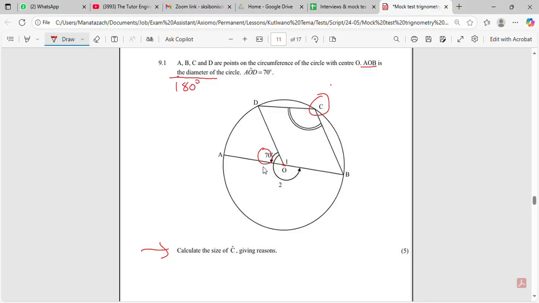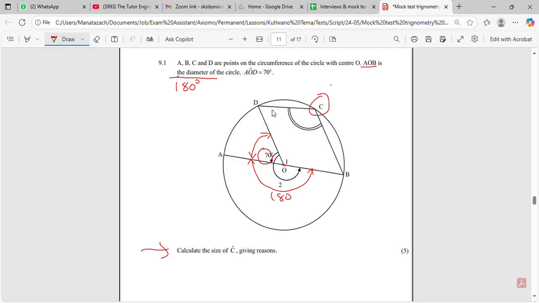So I can say this angle here from A to B is 180 degrees. Right? So that's the angle on a straight line. It's a diameter. And then we're told that the other angle here, which is AOD, is given as 70 degrees. So it's easy now to calculate angle C.